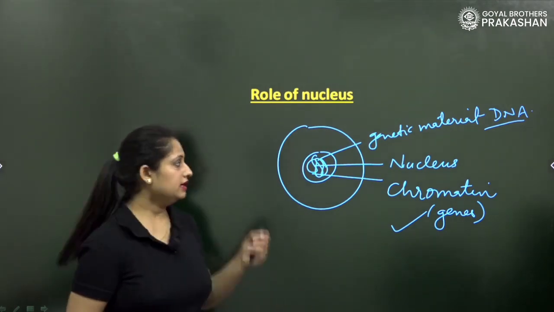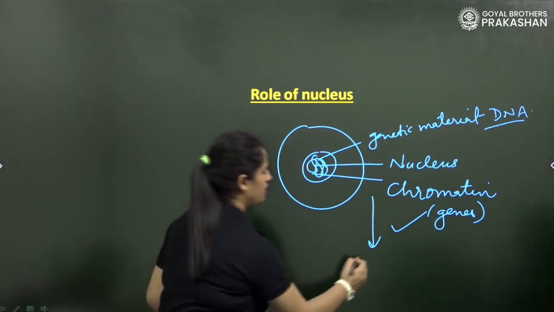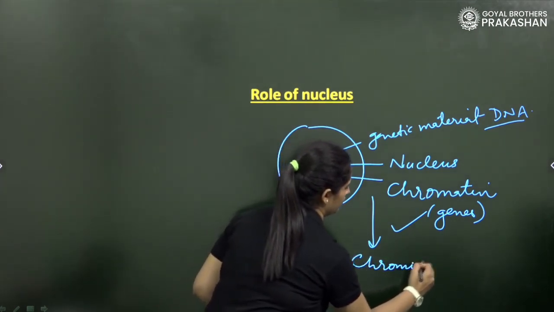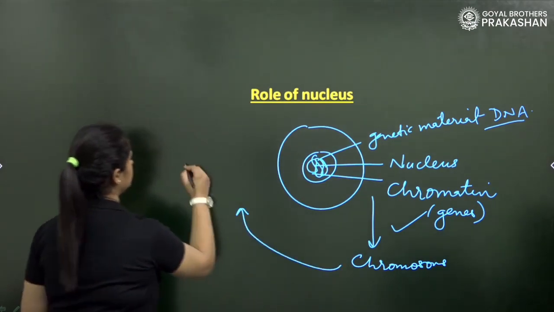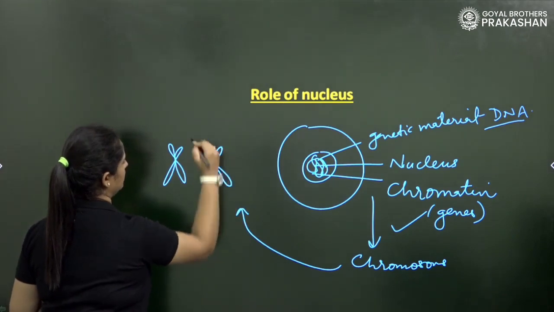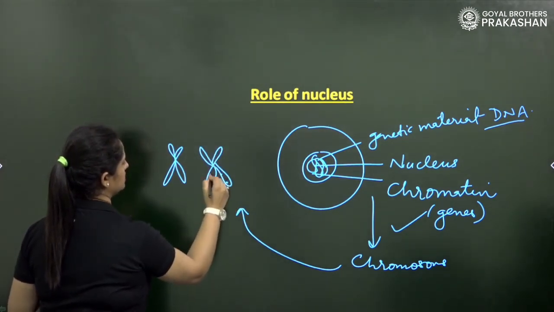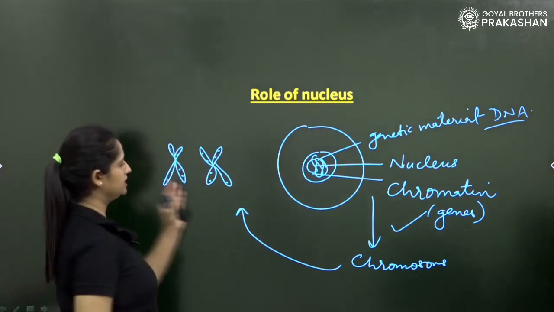And one more thing, when chromatin condenses, it forms chromosomes, and chromosomes possess structures like this. Over the structure of chromosomes, some genes are located in this way.